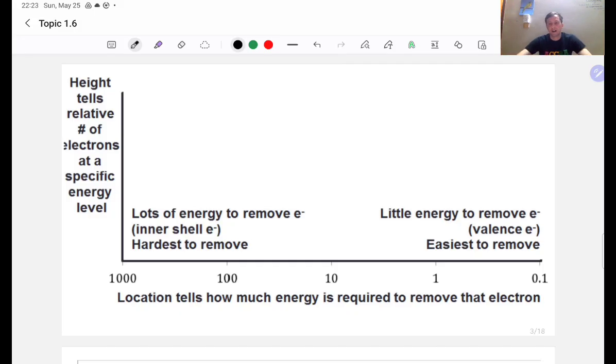Well, how does something have a higher binding energy? All the electrons have the same charge. We're dealing with the same nucleus. And so the difference is how close they are on average. If you recall learning about electron configurations, 1s is on average closest to the nucleus. That's why it gets filled first, because that's the lowest energy position available, right?